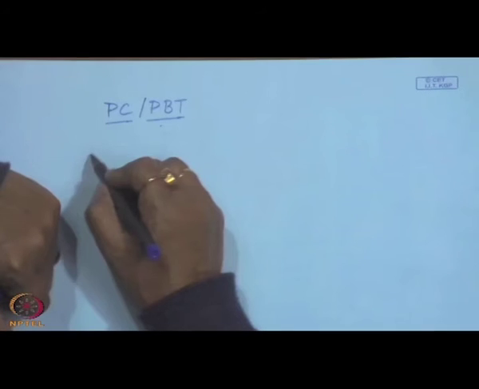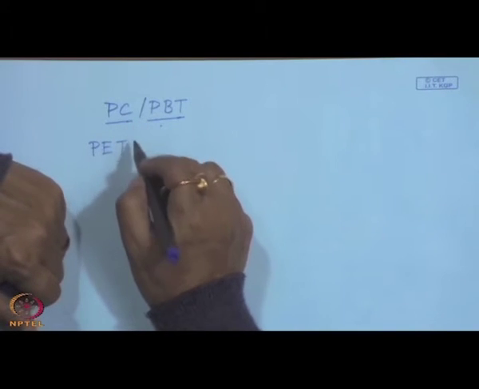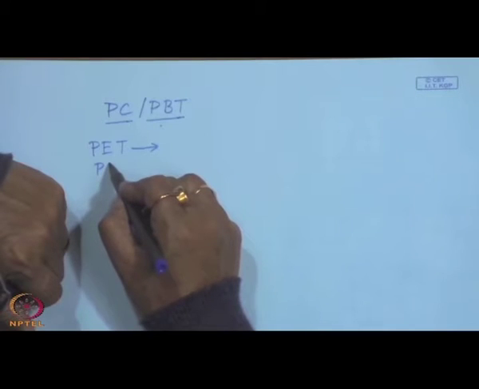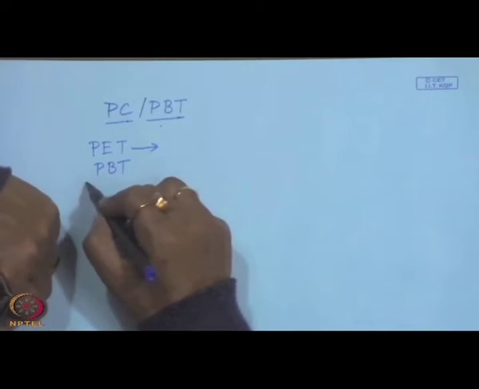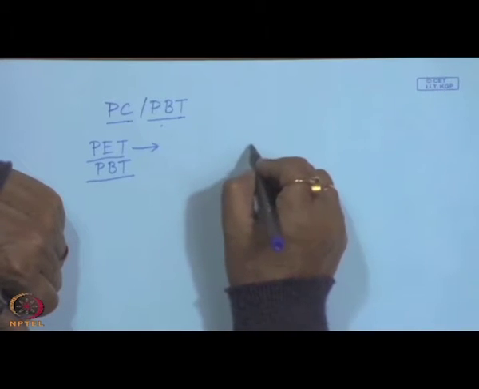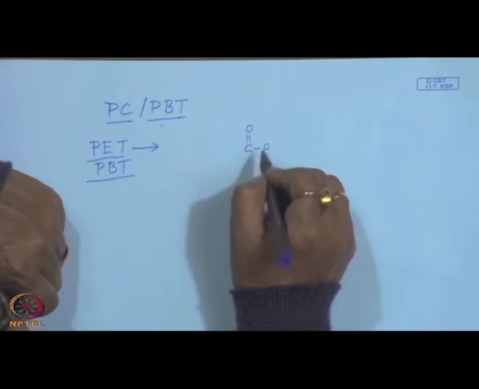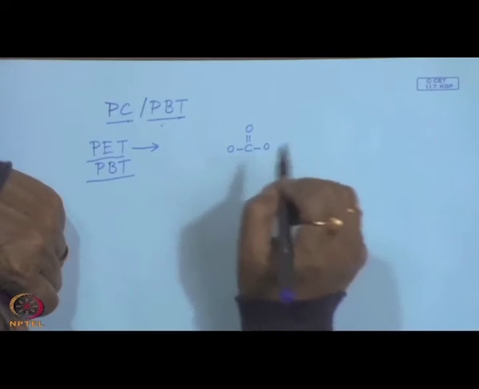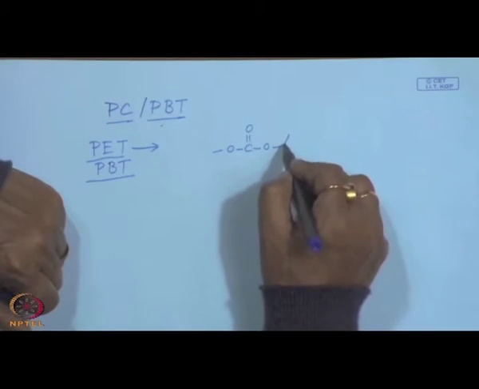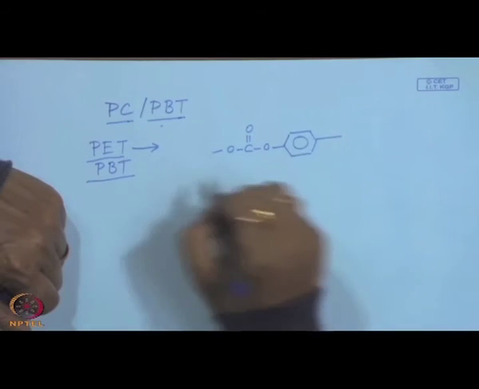Now, PET, polyethylene terephthalate, is a polyester, PBT, polybutylene terephthalate, is also another polyester, and polycarbonate contains this carbonate group in the polymer chain, having some rigid phenyl rings this way.